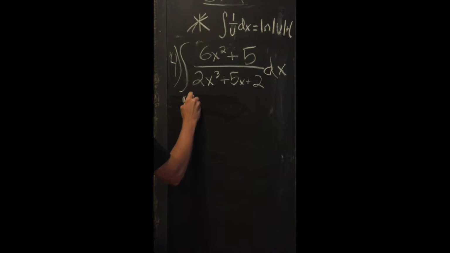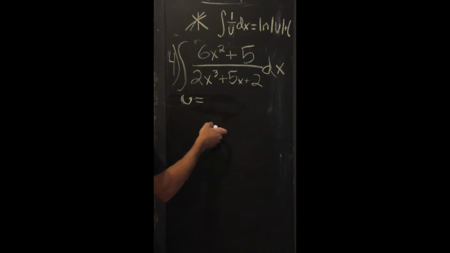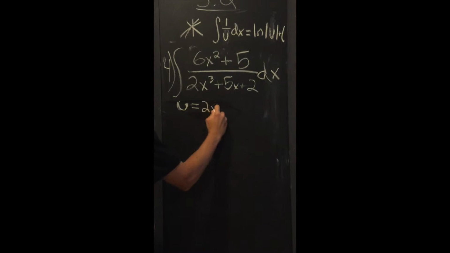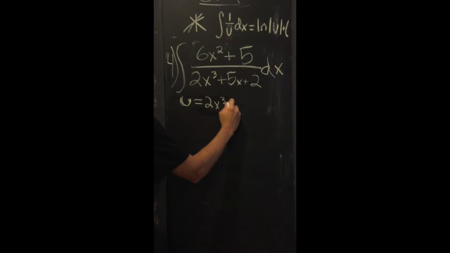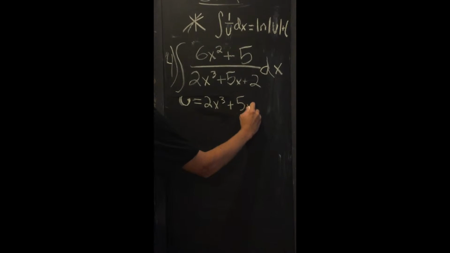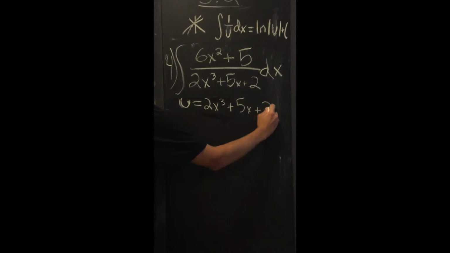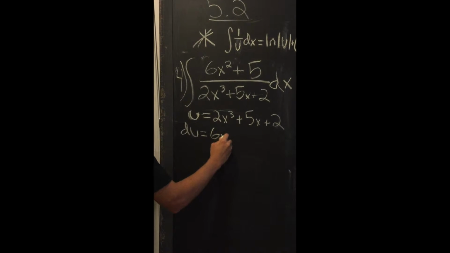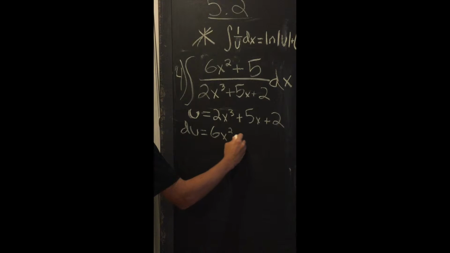So for u, you want to plug in the denominator, which is 2x cubed plus 5x plus 2. And then take the derivative, which would be 6x squared plus 5 dx.